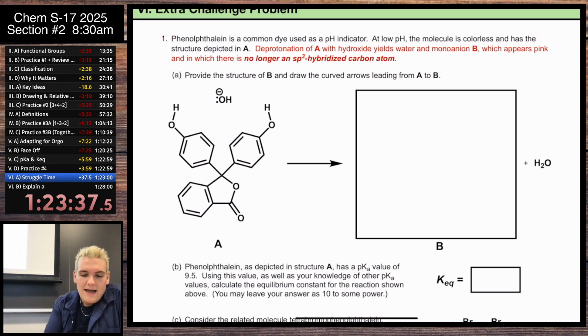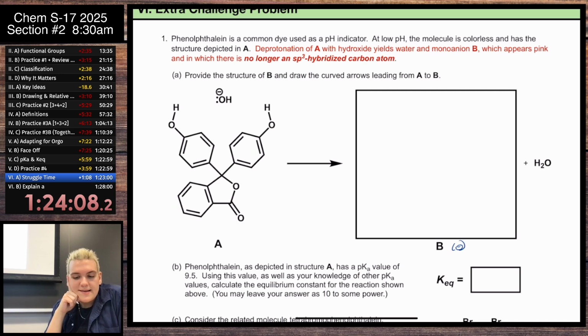We have phenolphthalein, I probably mispronounced that, a common dye used as a pH indicator. At low pH, the molecule is colorless and has the structure depicted in A. Then deprotonation of A with hydroxide yields water and a monoanion, molecule B. So we know this is going to have a negative charge, and it appears pink.